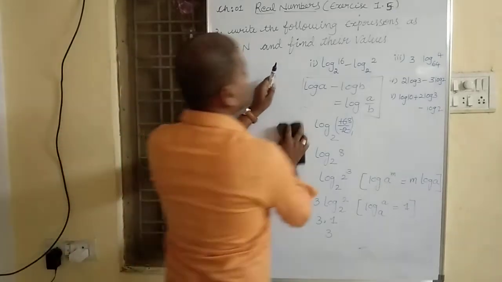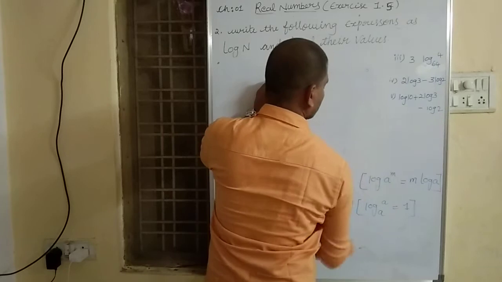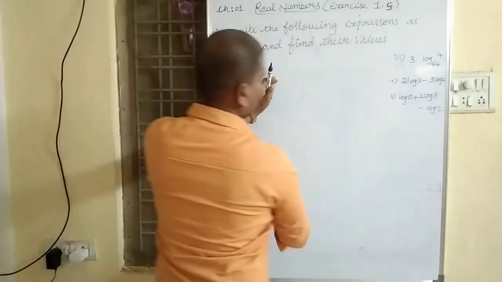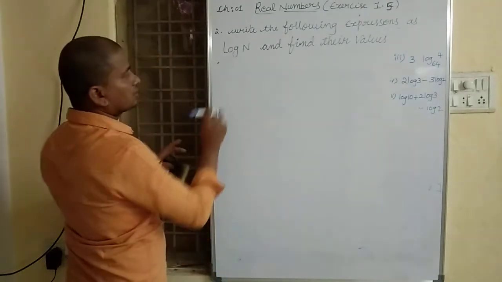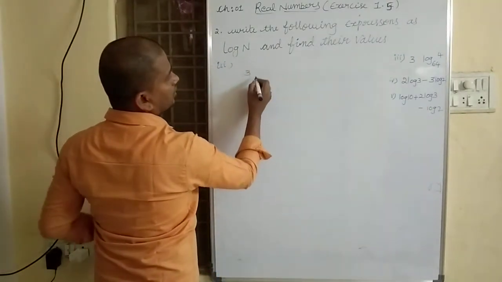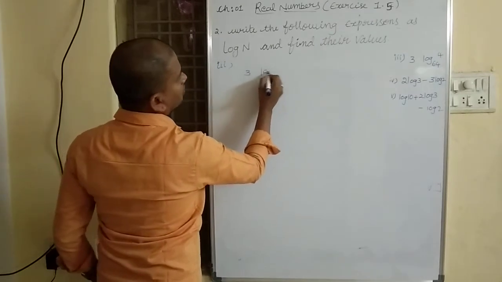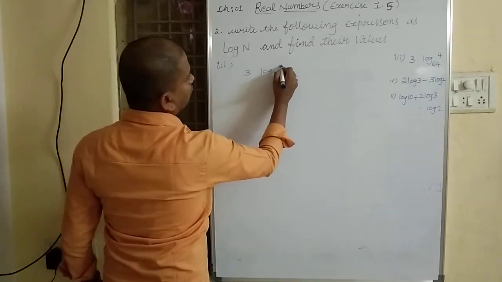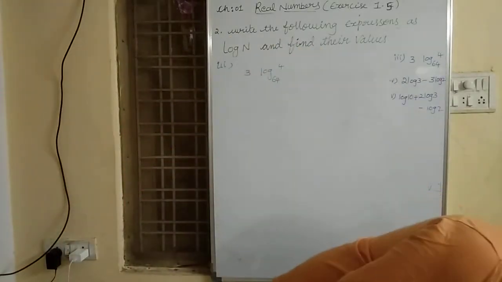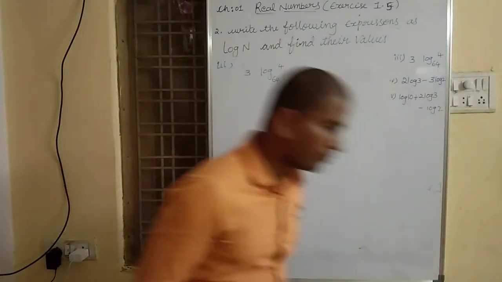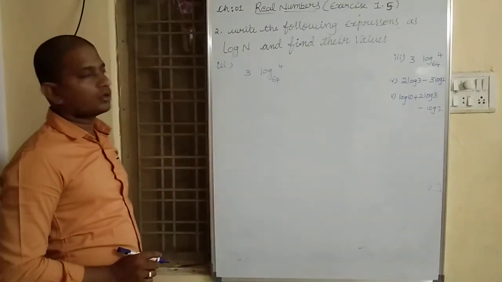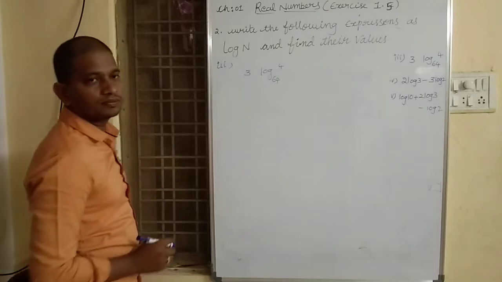Now coming to the third question. The third question is 3 into log 4 to the base 64.